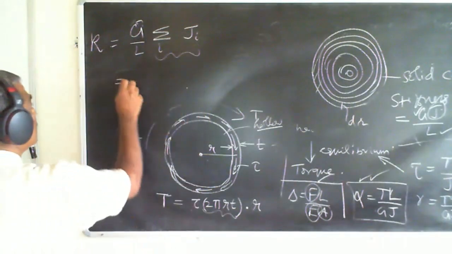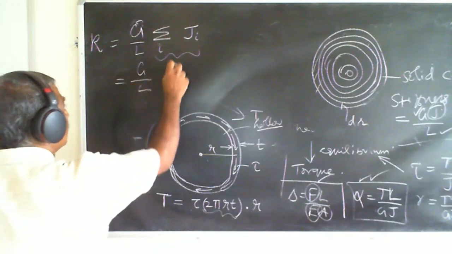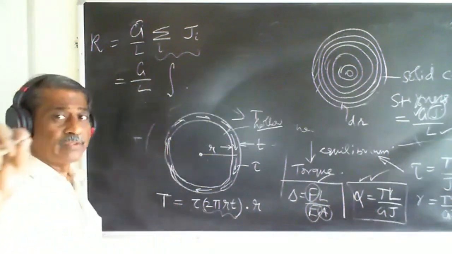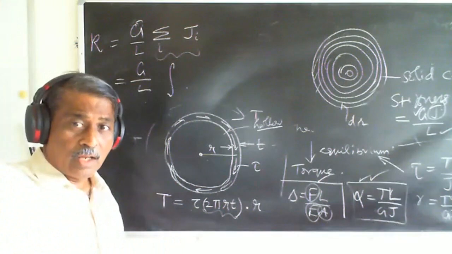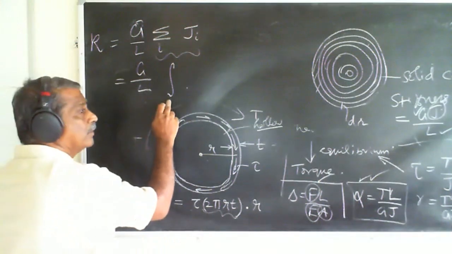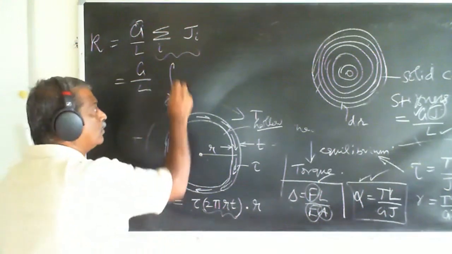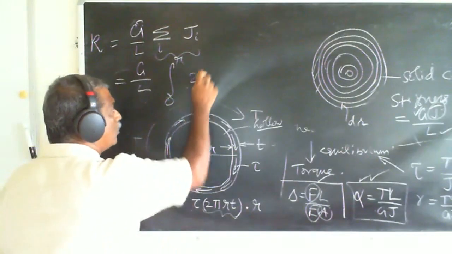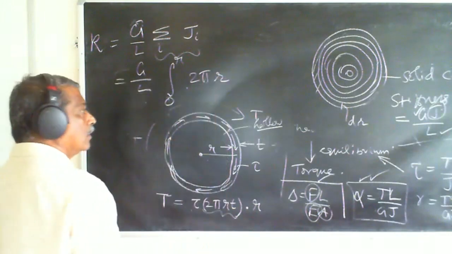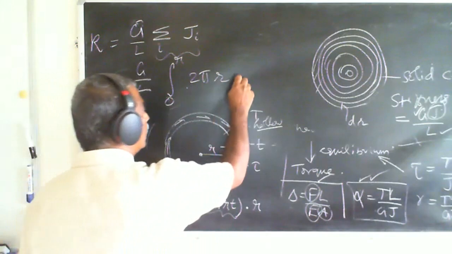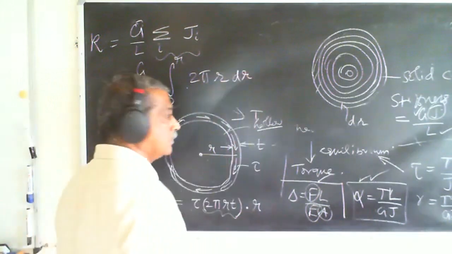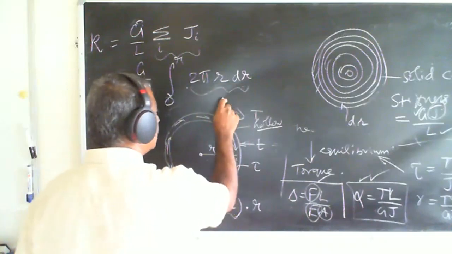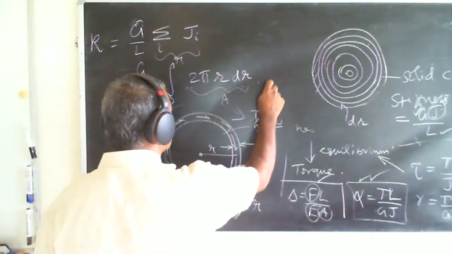The other way of writing is integrating, right? Help me out in integration now. I should integrate from the smallest tube to the largest tube, and therefore here 0 to R, 2 pi R, thickness dr. Okay, into R. So 2 pi R dr is nothing but area, area times R square.